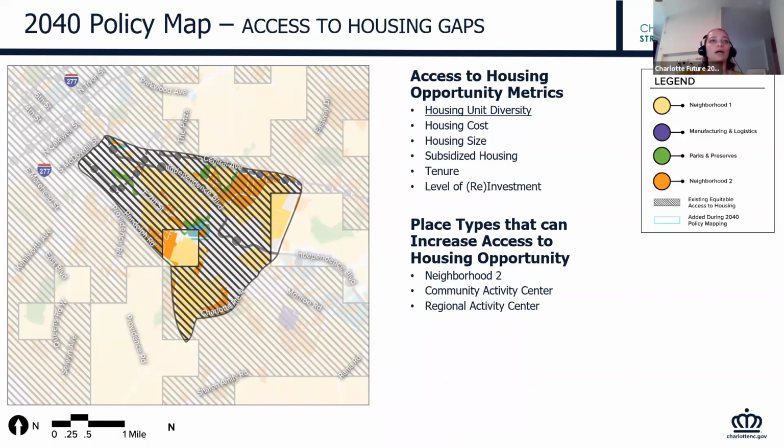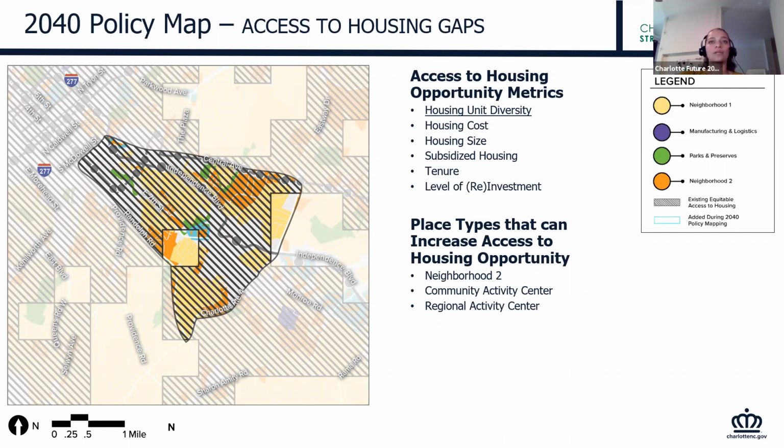So this map shows the access to housing gaps, and any of the areas outside of the hatched areas are where access to housing is lacking, or housing diversity, meaning that you can't easily find a variety of housing types in these areas. The bullets on this page are the metrics that we use to understand where access to housing is currently lacking.